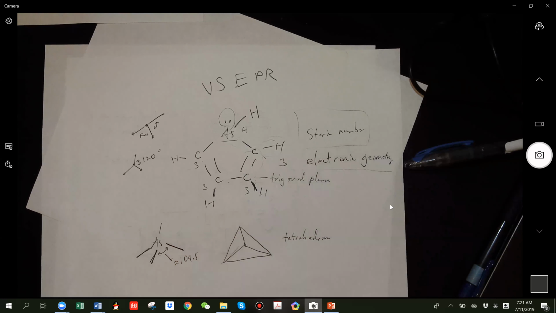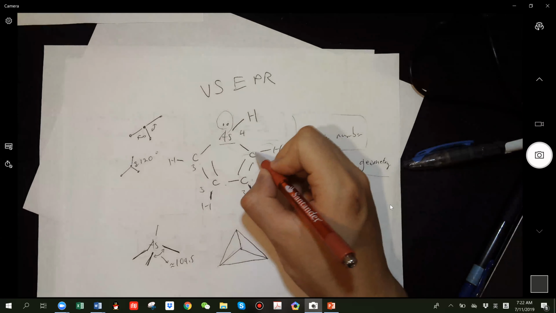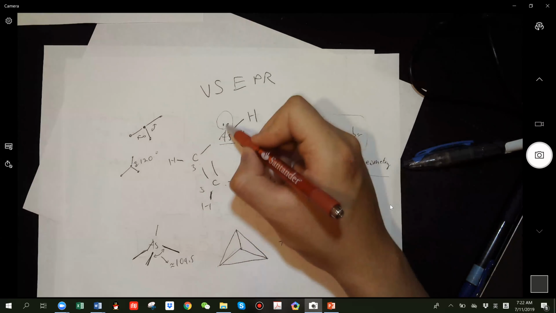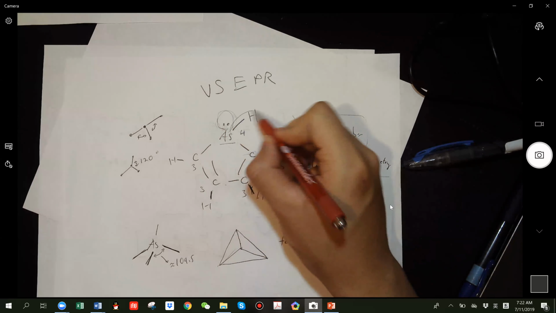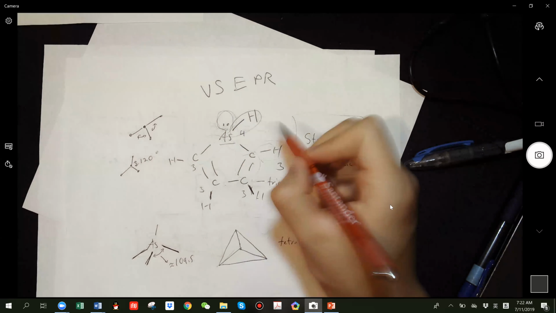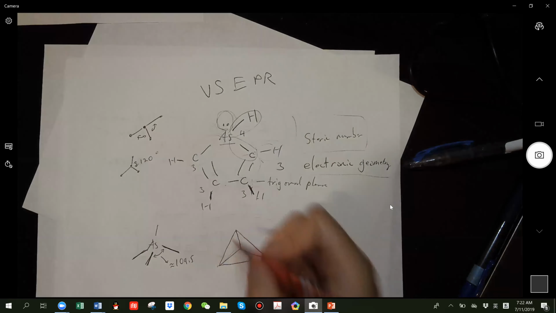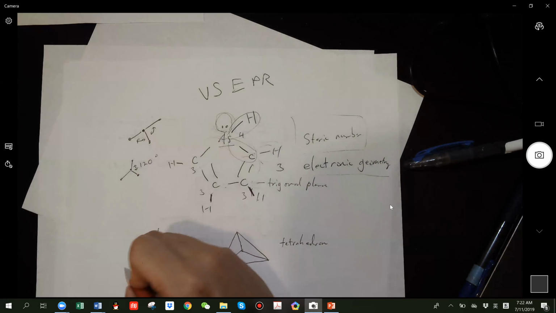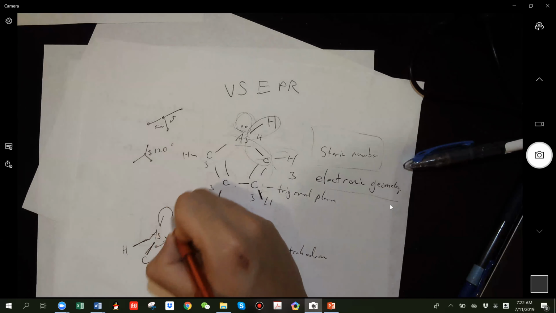Okay. So now we have our four substituents, the four things connected to the arsenic. We have a lone pair, a hydrogen atom, a carbon atom, and a carbon atom. So let's fill those in. Put the carbon here, carbon there, and hydrogen here. And then over here, we have a lone pair.